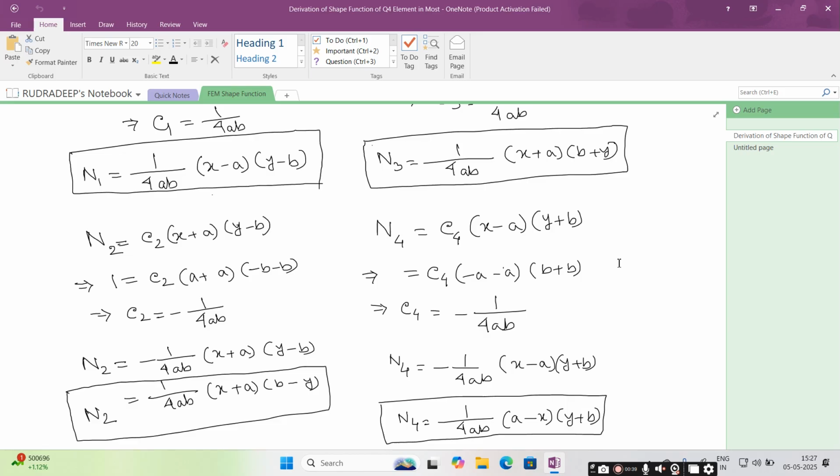We will start by walking through the derivation of the shape functions step by step, making sure the transition from Q4 to T6 feels logical.